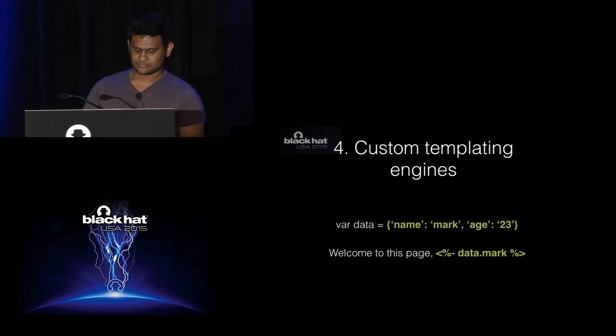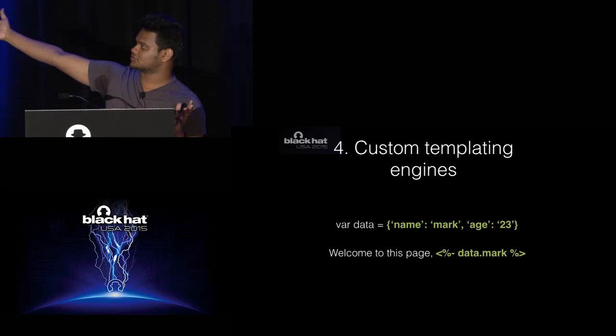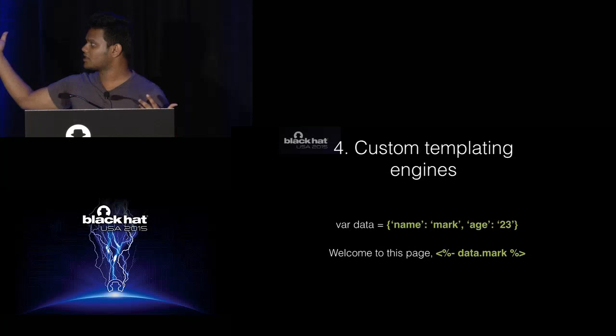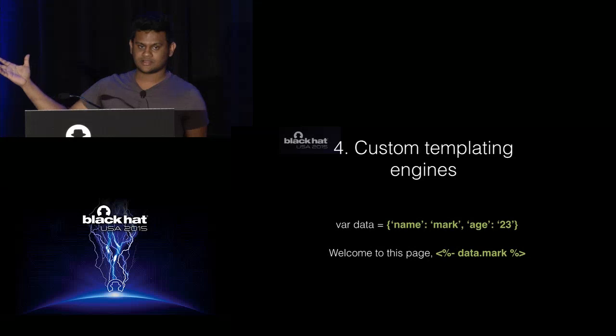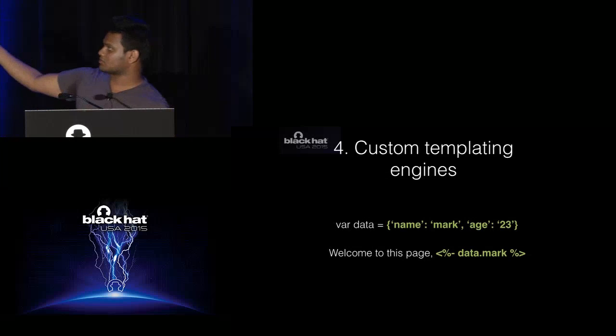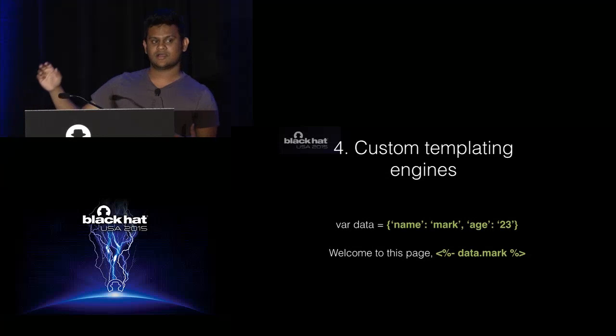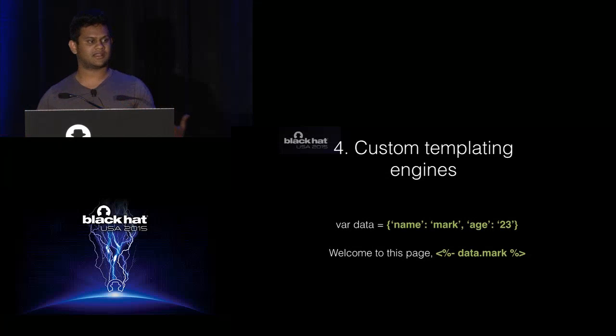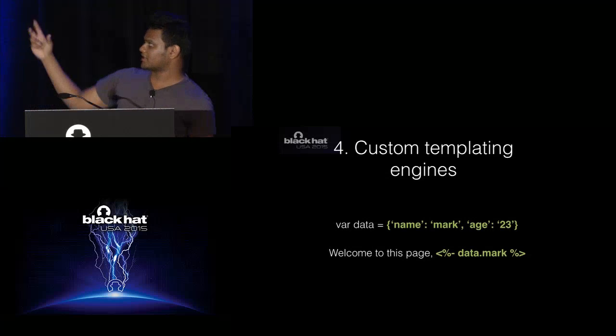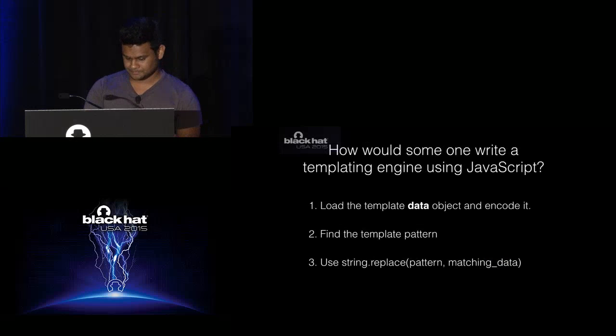To talk about front-end templating engines, you have some custom data, and then you have a templating language, something like data.mark, which has tags like this. Then the template compiler understands, okay, I need to replace this word with this. It's pretty simple, right?